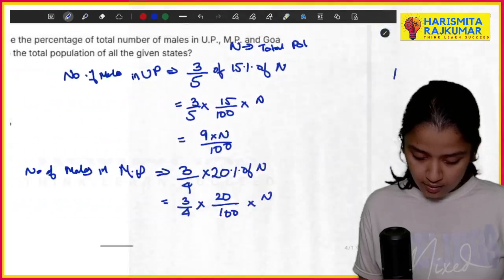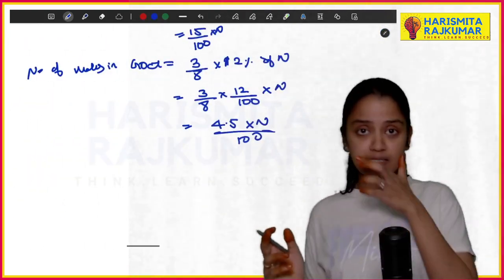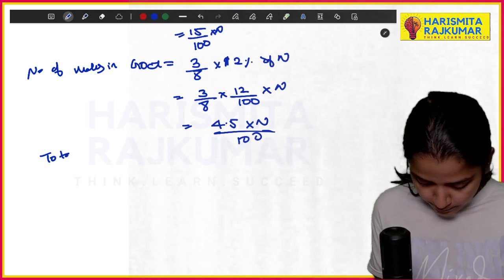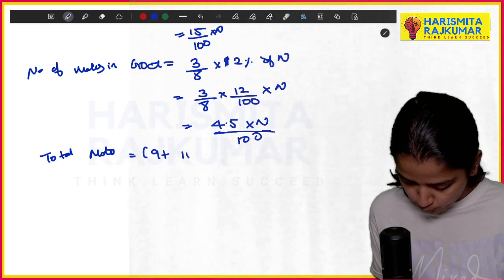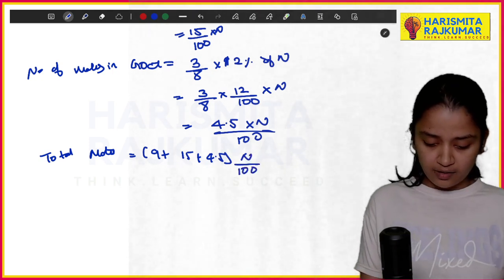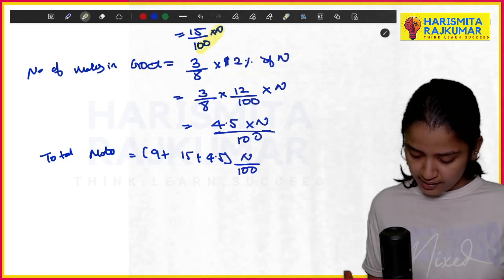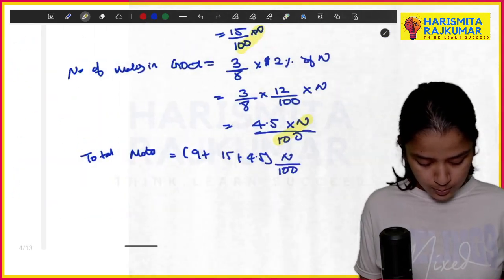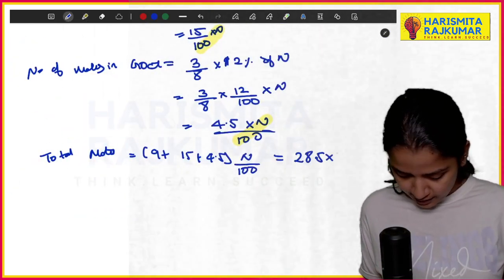First let us find total male. Total male will be 9 plus 15 plus 4.5 into N by 100, because N by 100 is common in everything, which equals 28.5 into N by 100.